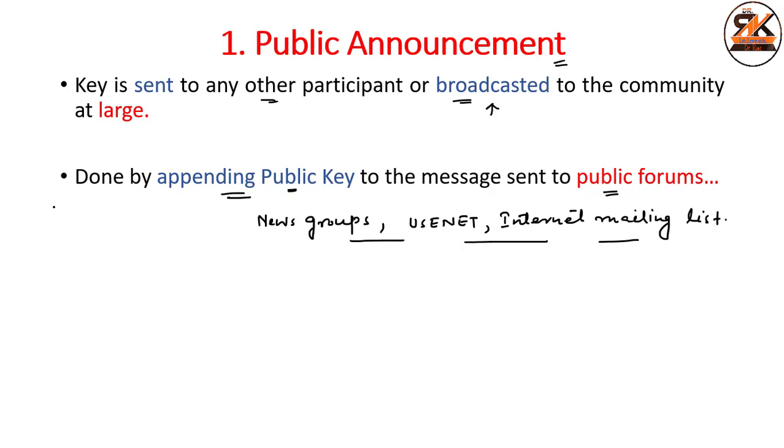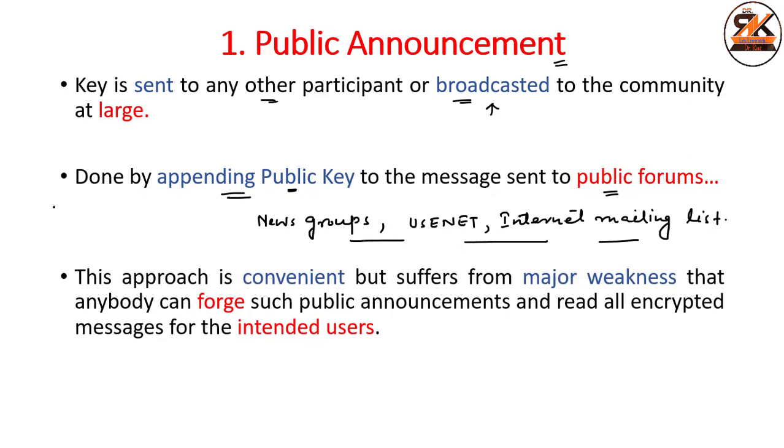This approach is quite convenient, but it suffers from major weaknesses. What are the weaknesses? Anybody can forge these public announcements, because they are available to everybody on the public forums.